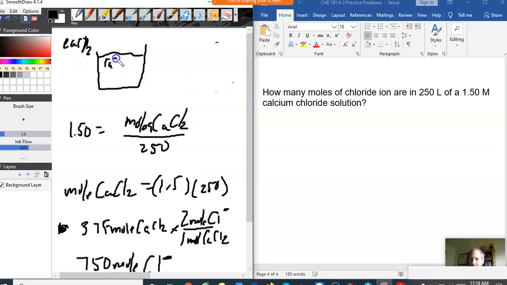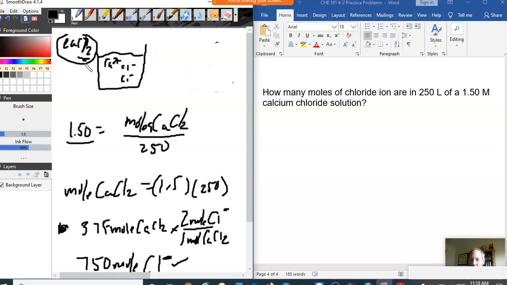You'll have calcium ions, but you'll have twice the amount of chloride ions. So whatever my concentration is, I'm going to have twice the concentration of the chloride ions, since for every mole of this, I have twice the amount of the chloride ion. That's basically what it is.